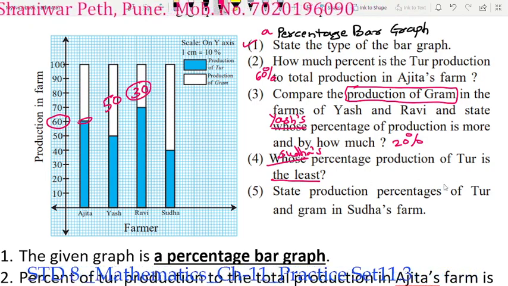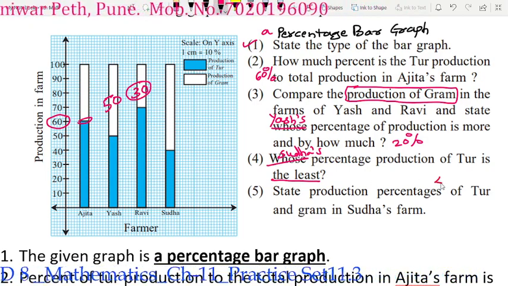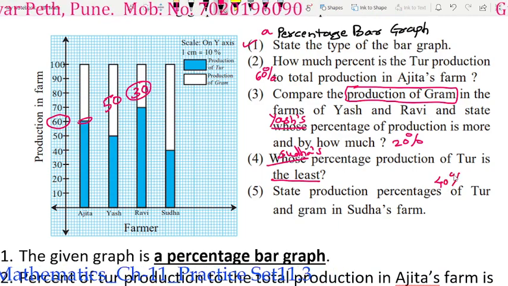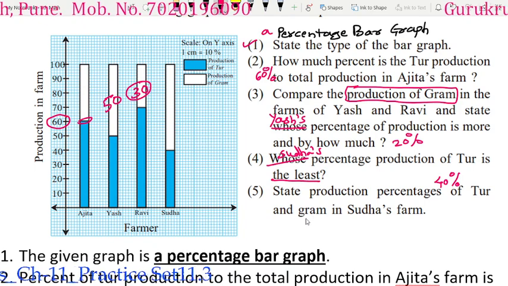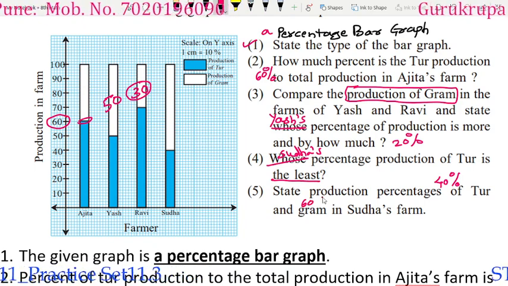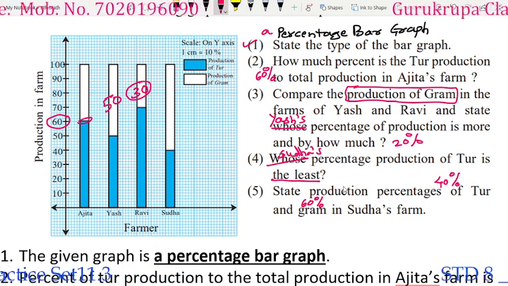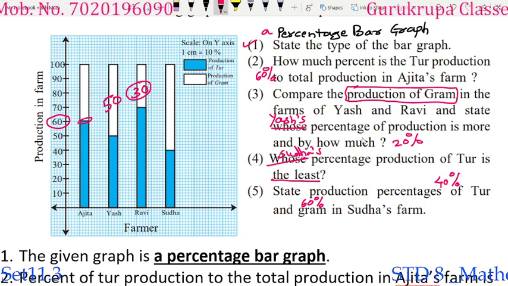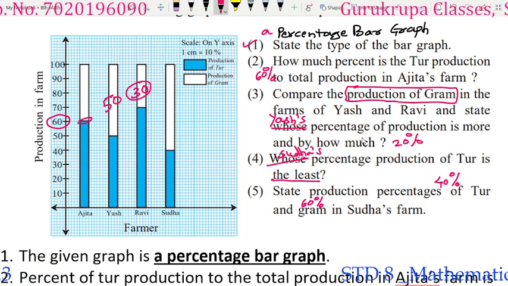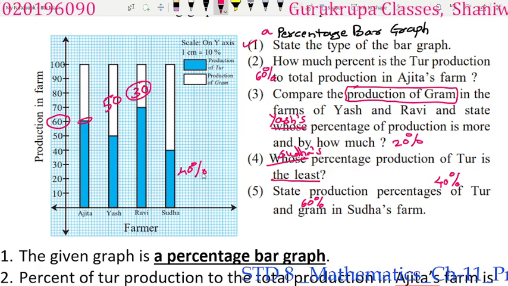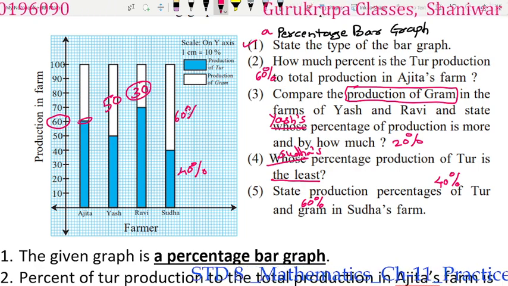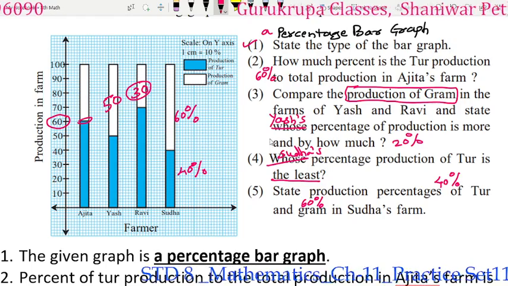So percentage of tur is 40%. We see the color part is 40%, and the remaining, meaning 60%, is the percentage of production of gram in Sudha's farm. So here we get 40% color part and 60% uncolored part, which is the percentage of production of gram.